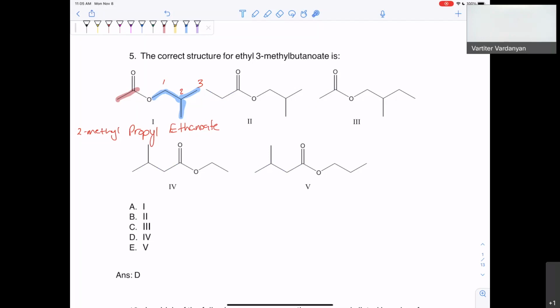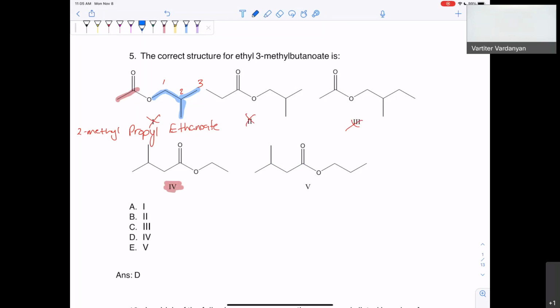Okay, so both of these guys have a 3-methyl. So we've gotten rid of 1, 2, 3. We're between 4 and 5. So we know that it starts with ethyl, and that means the oxygen is connected to 2 carbons, which would be which one? 4. Ta-da!